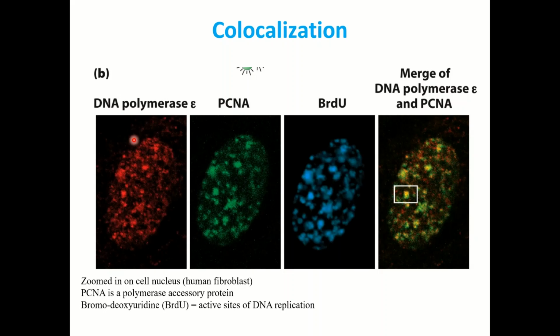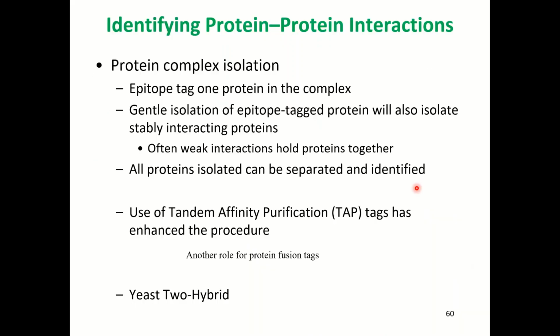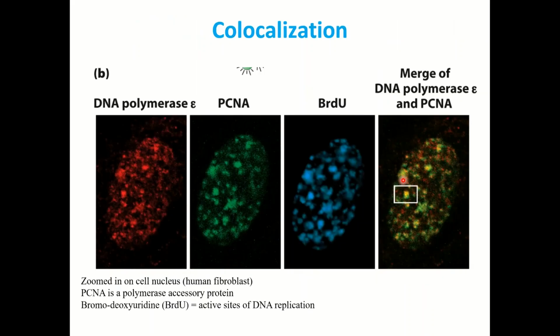We have DNA polymerase in red, another protein, PCNA, in green, and BrdU in blue, and then you can merge all of these images together and see where they're co-localizing. When those signals overlap, those proteins are in the same location. This technique only shows that they're in the same location. It doesn't necessarily mean that they are interacting with one another.